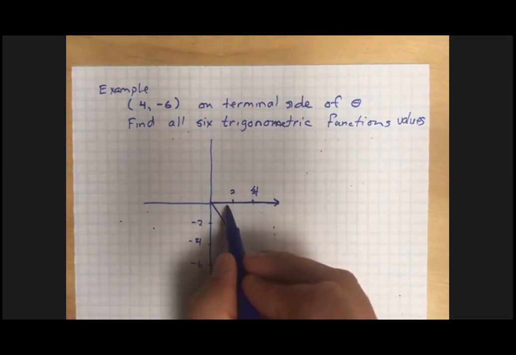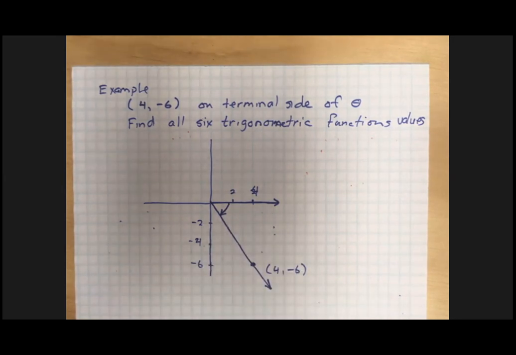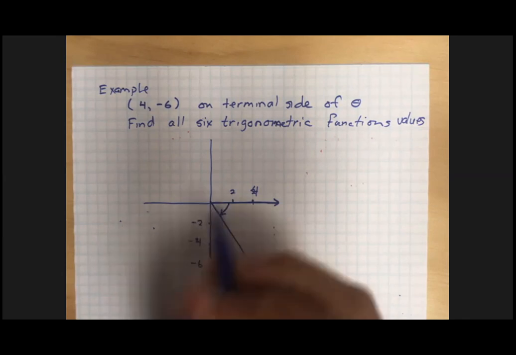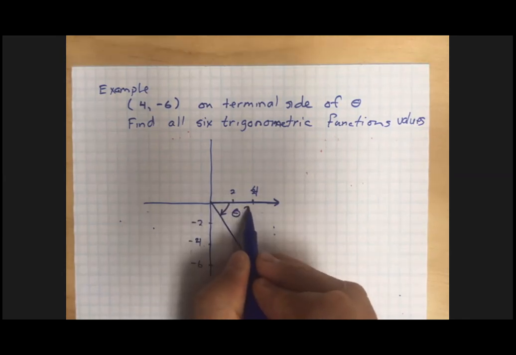Now, is that angle a famous angle? I don't think so, because these are not famous ratios. It doesn't match my 30, 60, 90, 45, 45, 90, 15, 75, 90. I don't know what this angle is.